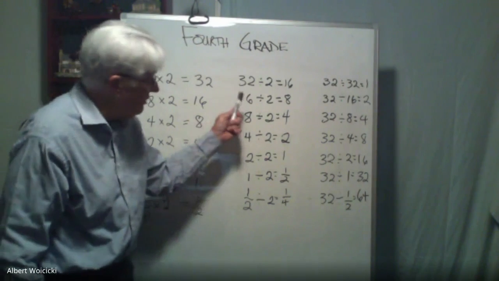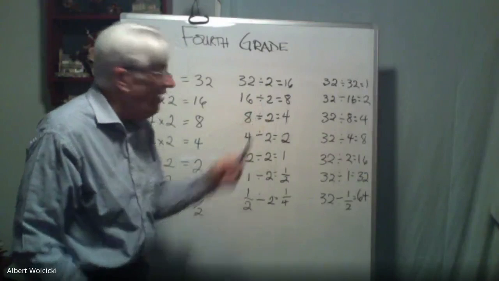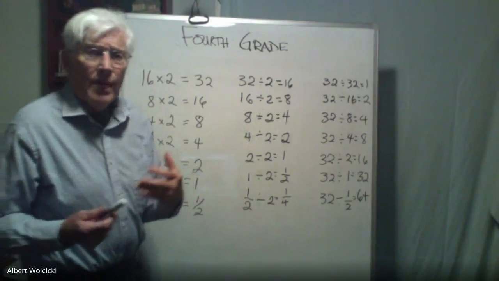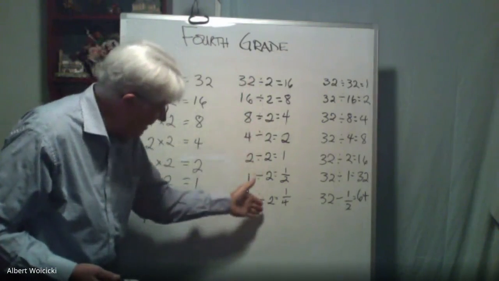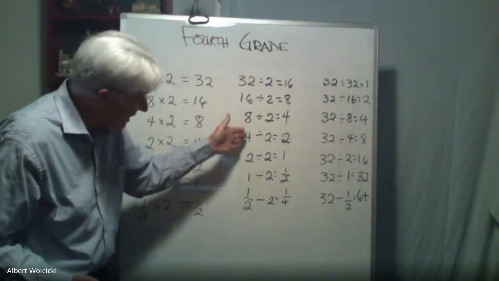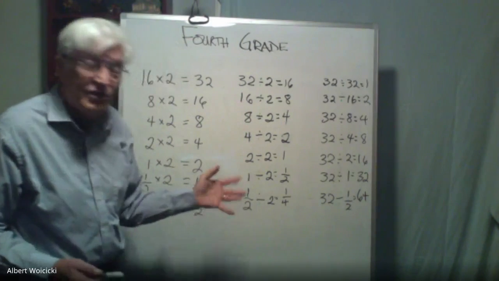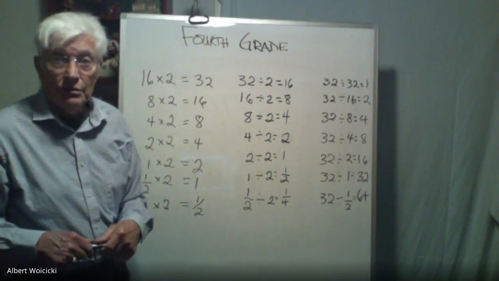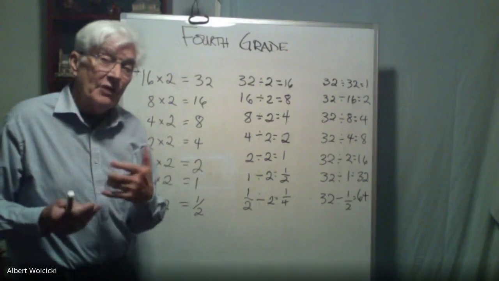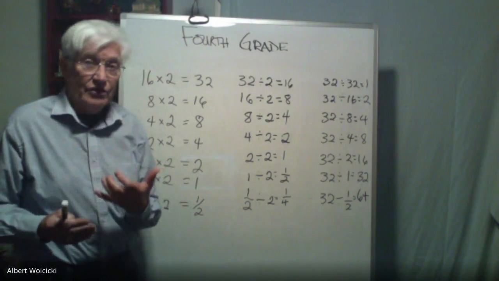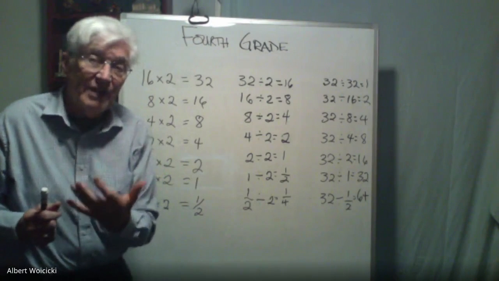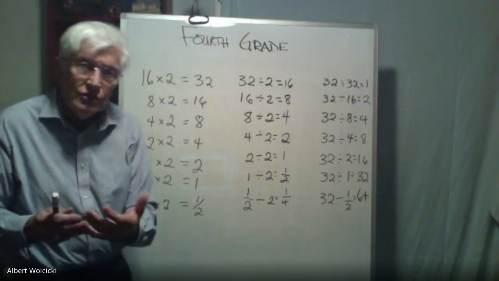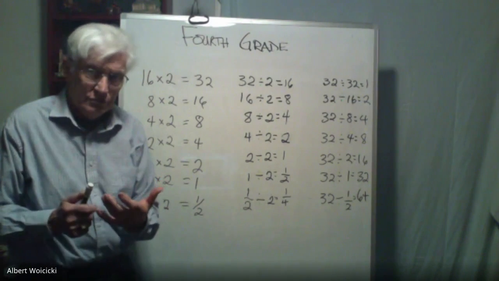Now, let's take a look at 32 divided by 2. We're going to keep our divisor the same, but this time we're going to make the number get smaller until we reach a fraction. So this time we're going to be dividing into a fraction. We're dividing the same number, which is a whole number, into a fraction.